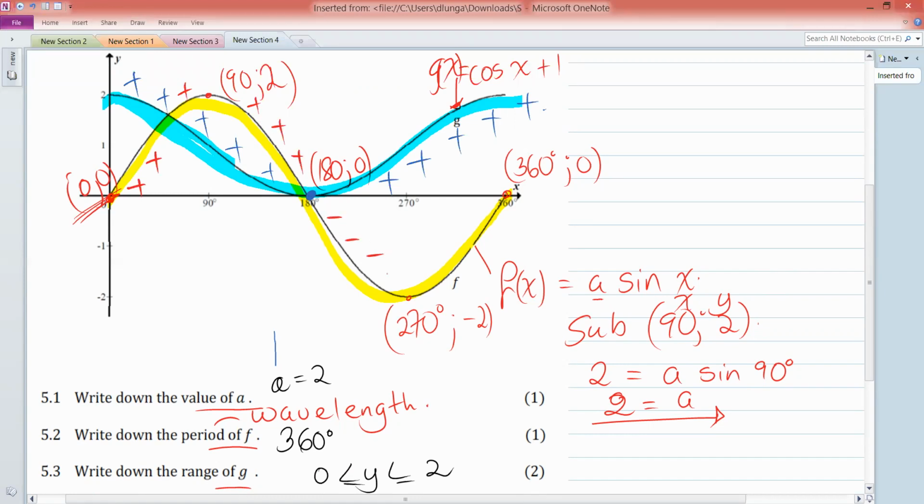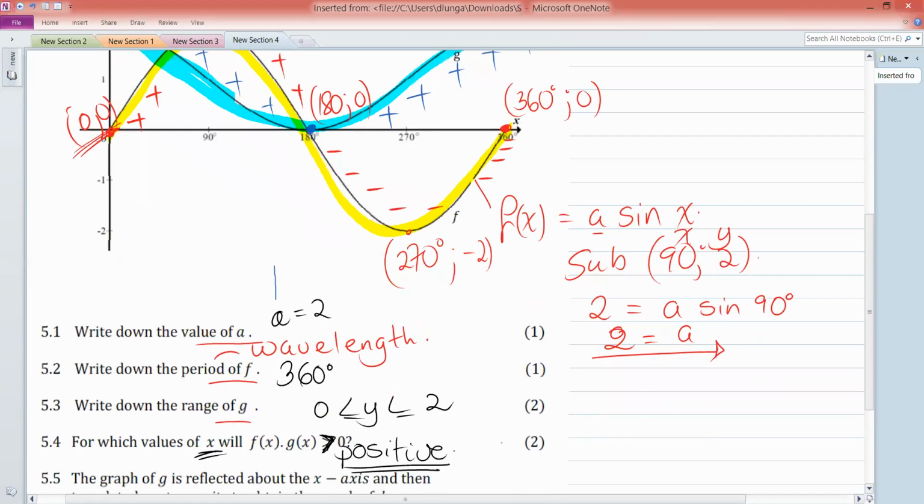Then can you see they start becoming negative up until there. Now, what are the ways of getting a positive value? Either you multiply a positive with a positive value, or you multiply a negative and negative.